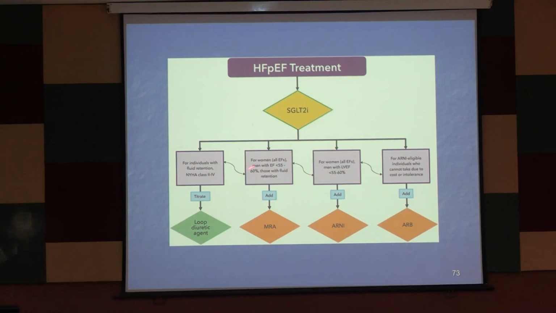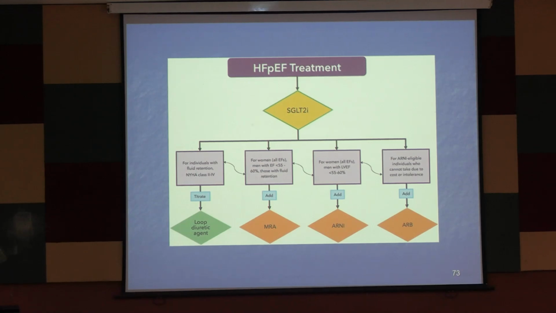Now, the ejection fraction: irrespective of ejection fraction in case of female, and ejection fraction less than 55 to 60% in case of male, with evidence of the fluid retention, addition of the mineralocorticoid antagonist.